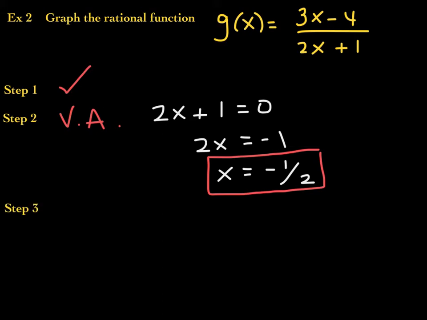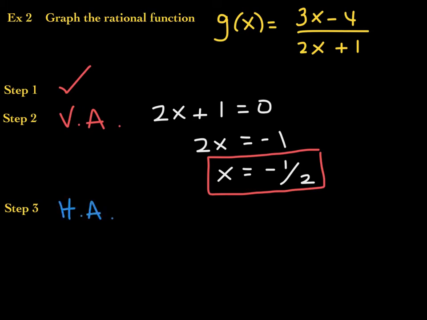All right, let's move to step number 3, which is to find the end behavior asymptote. Now, in order to determine what kind of end behavior asymptote I have, I need to compare the degree of the numerator to the degree of the denominator. The degree in the numerator is 1, the degree of the denominator is 1. Because their degrees are the same, I know I have a horizontal asymptote.